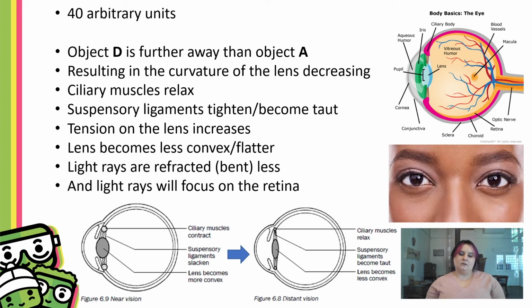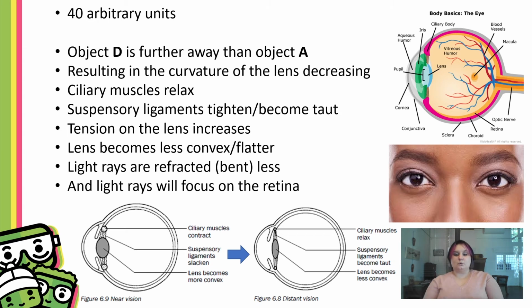So our ciliary muscles are going to relax, the suspensory ligaments are going to become tight, and the tension on the lens is going to increase, pulling flatter. The light rays are then refracted or bent less, and the light rays will focus on the retina.